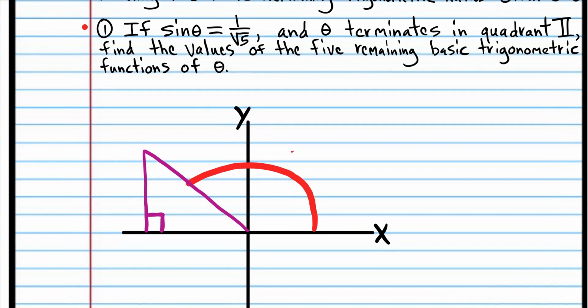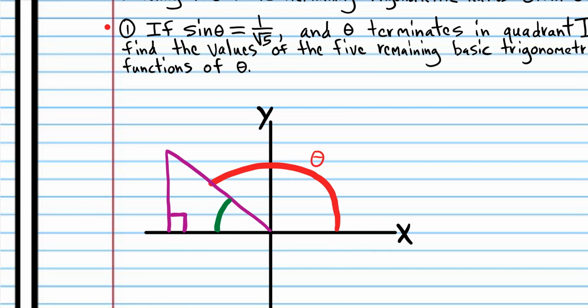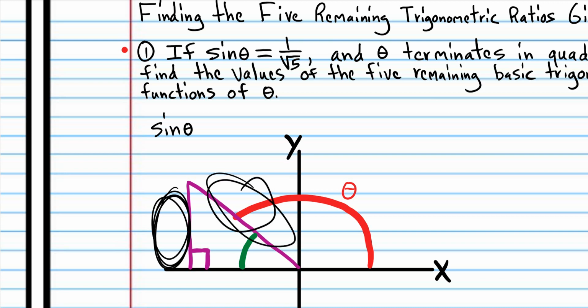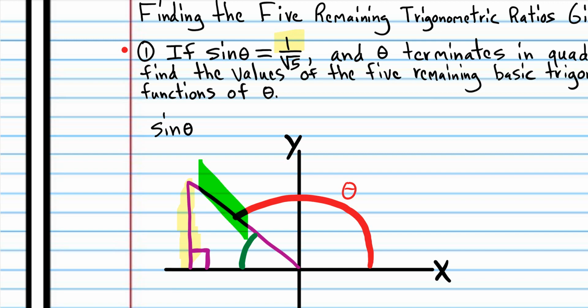And of course, this green angle is the reference angle. And we're told that the ratio of the opposite side of the reference angle and the hypotenuse is 1 over root 5. But that doesn't mean that the actual length of the opposite side is 1 and the length of the hypotenuse is root 5. We actually don't know the lengths.